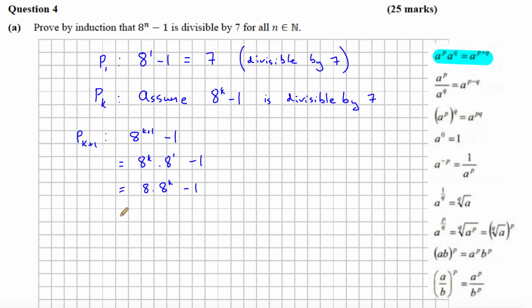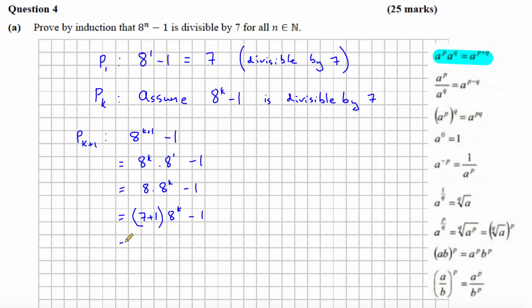Okay, now the trick here then is to split this first 8 into 7 plus 1. So it's still the same value. We've got 8 to the k on the outside still and minus 1. By introducing this 7 here now, because we're trying to prove that it's divisible by 7, we'll see what happens here.